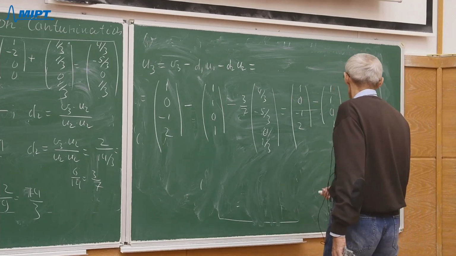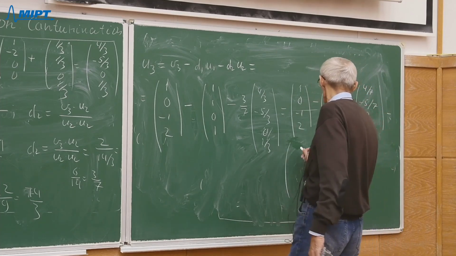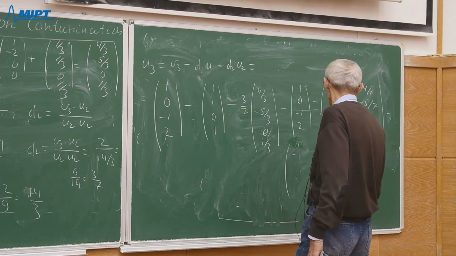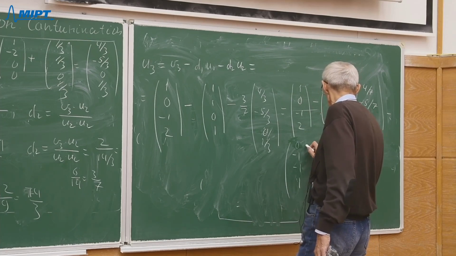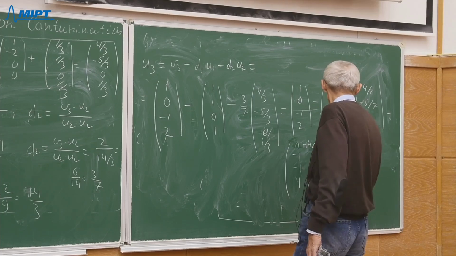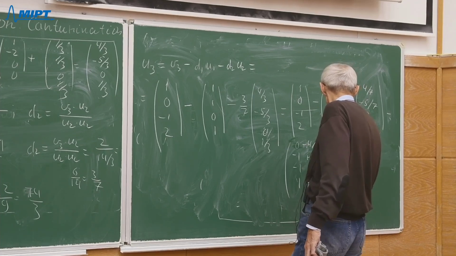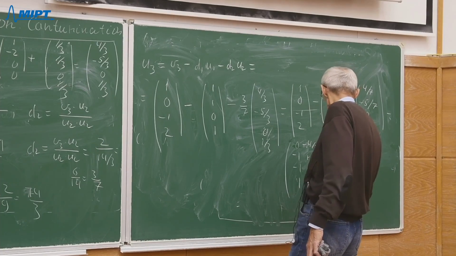And we obtain the following expression: 0 minus 1 minus 1, 1 plus minus 4, 7 plus 5, 7, 0.